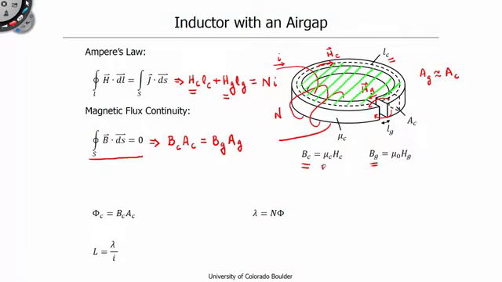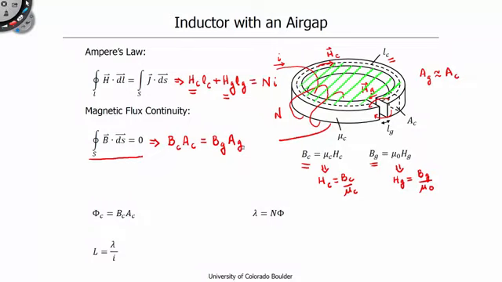From here we have that the magnetic field in the core HC is equal to BC over mu C, and we also have that HG, the magnetic field in the air gap, is equal to BG over mu naught. Mu naught is of course the permeability of air or free space.